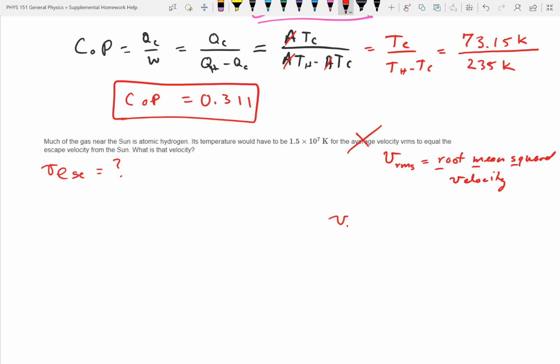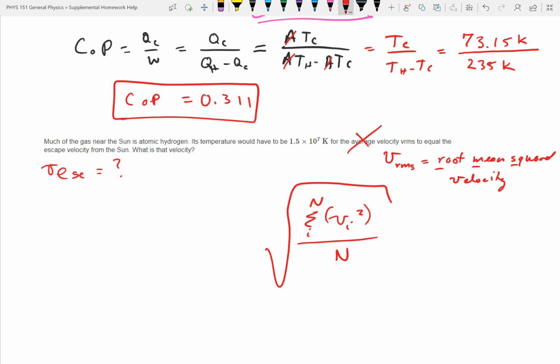So I'm going to have v_i squared. And then I'm going to find the average. So I'm going to do the sum of v_i squared divided by N, the number of atoms. That would be the average. And then I square root it.